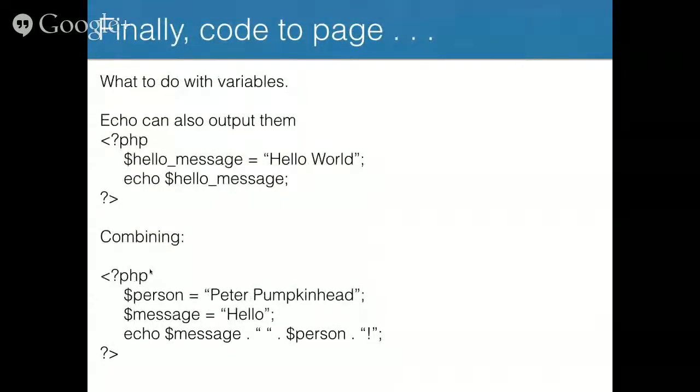Okay, so more about variables. So we've seen echo output them. You can also combine them. So this is when you start doing stuff with the variables. You have a person, and then you have a message, and you can combine them with those little dots. You see the little dots, it's message dot, and then a space, and then a dot, and then another variable. Those dots say put these strings together, one after the other.